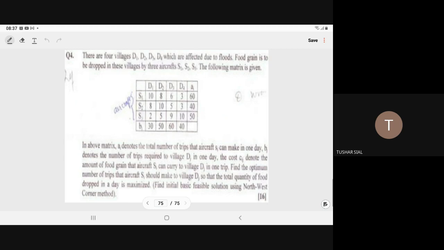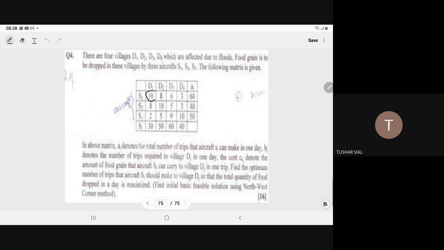Now the problem is one of maximization instead of minimization. The nature of the transportation problem is maximization. Find the initial basic feasible solution using the northwest corner method. Is the question clear to you? What is the meaning of this 10?